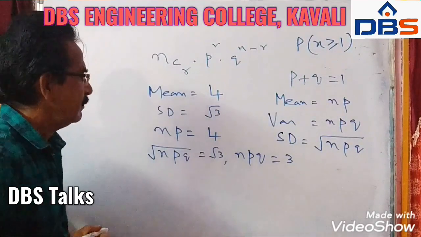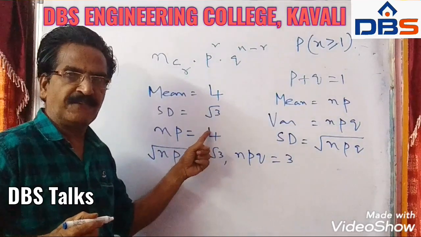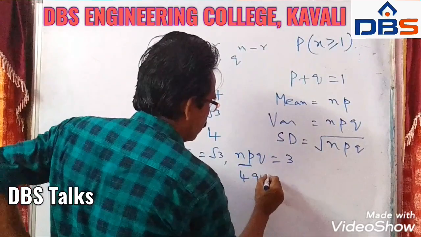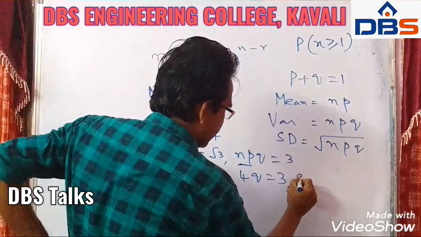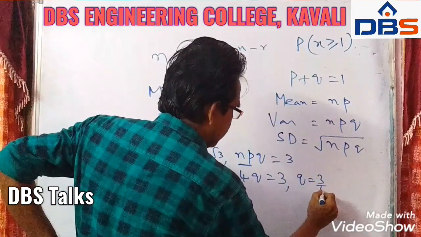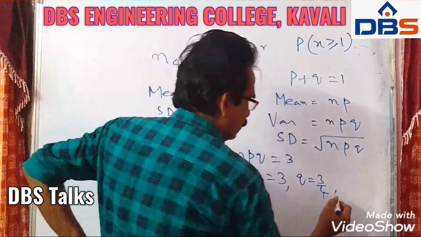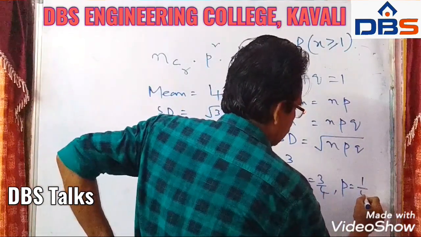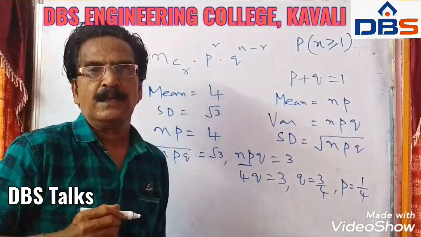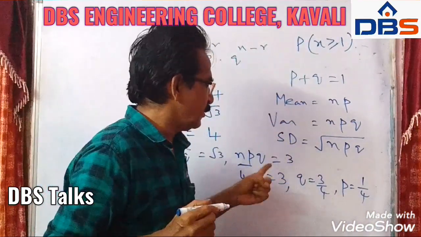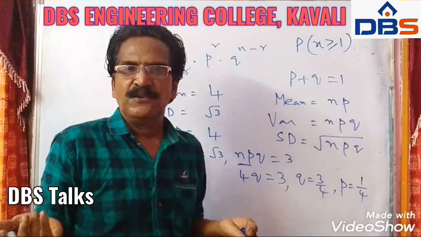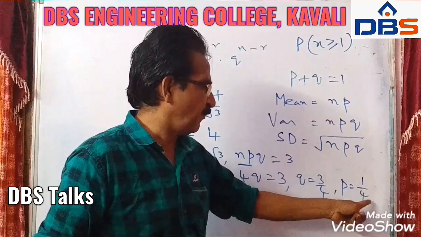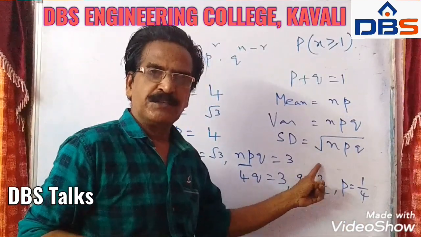NP is how much? 4. So 4Q is equal to 3, Q is equal to 3 by 4. P is equal to 1 minus 3 by 4, that is 1 by 4. So P is 1 by 4, Q is 3 by 4.